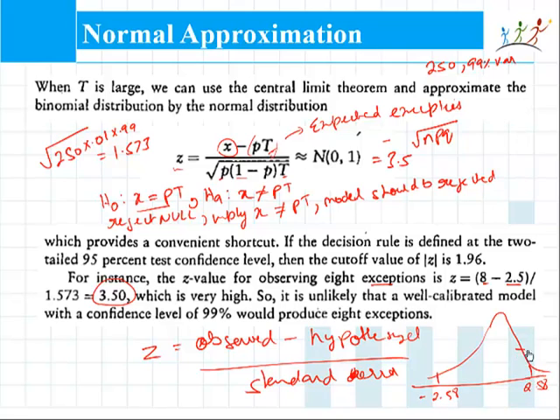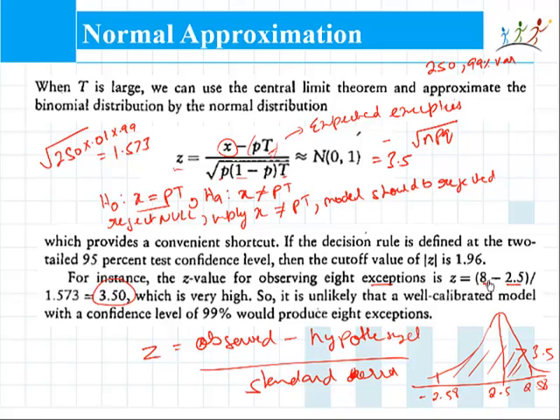If it is greater than 2.58, that is, it is a value of 3.5, then we can reject the null that X is equal to 2.5, or we will conclude that it is significantly different from 2.5 and the model should be rejected. If it was within the range, then with 99% confidence we could not have rejected our model.